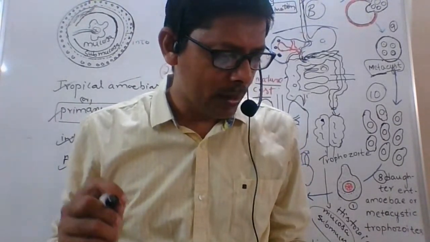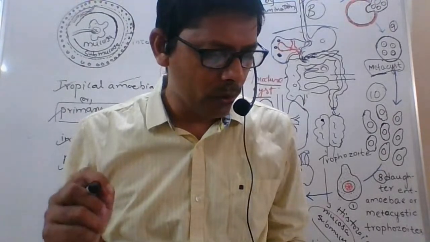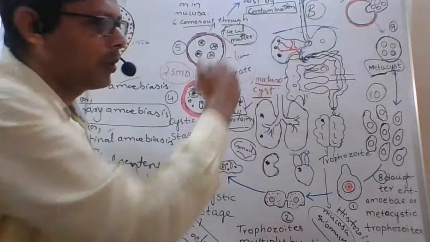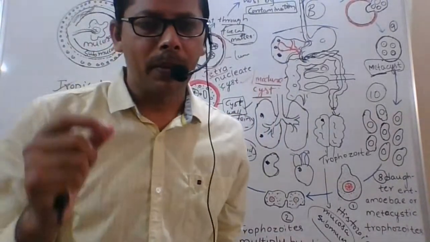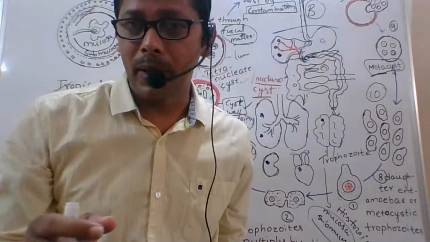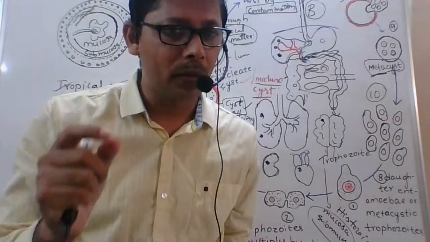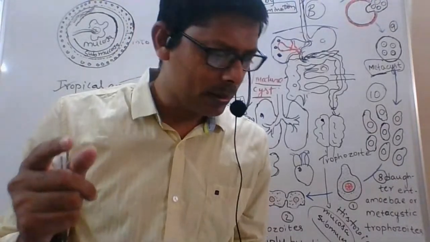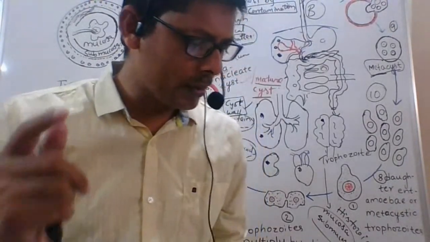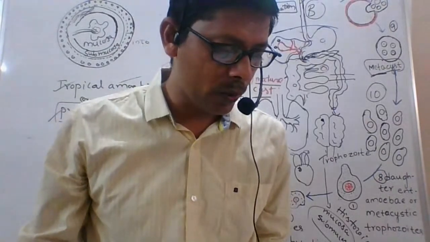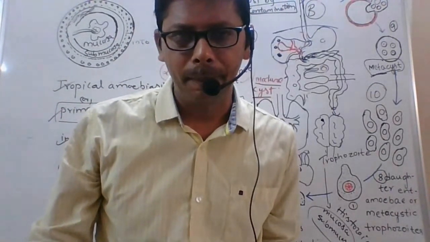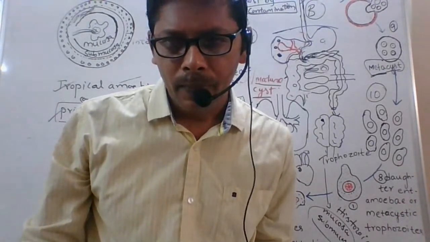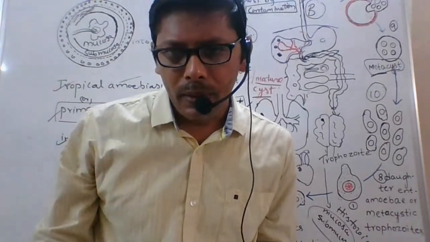The infective stage of Entamoeba histolytica to a new host in this life cycle. What is the infective stage? I told you earlier, in Ascaris, Plasmodium, Wuchereria, each has an infective stage. Okay, I said it earlier.